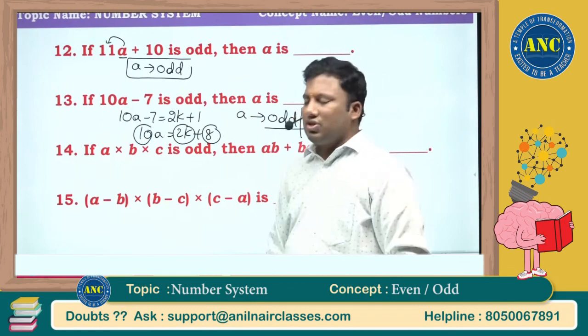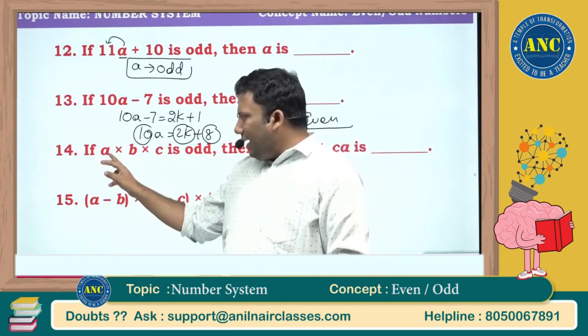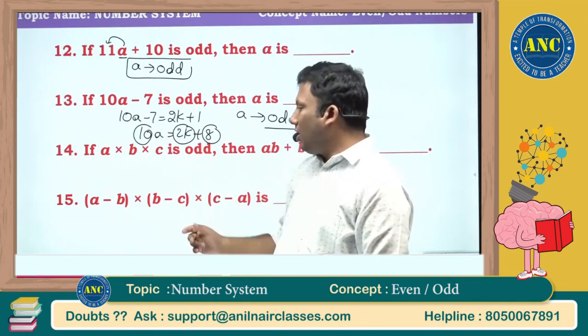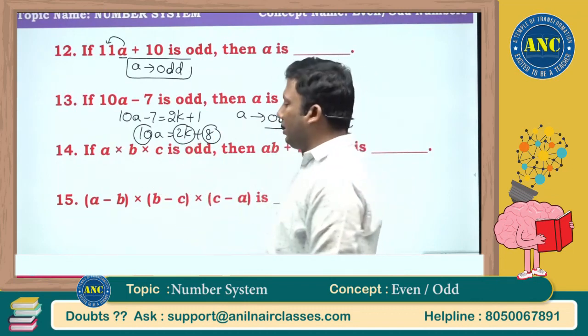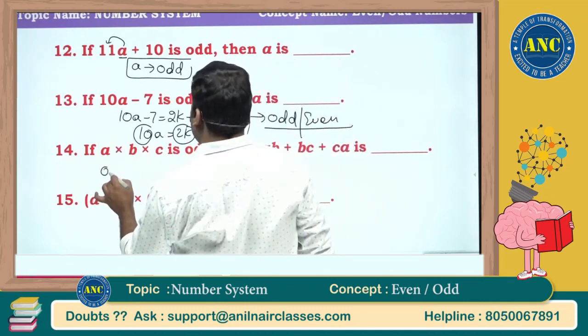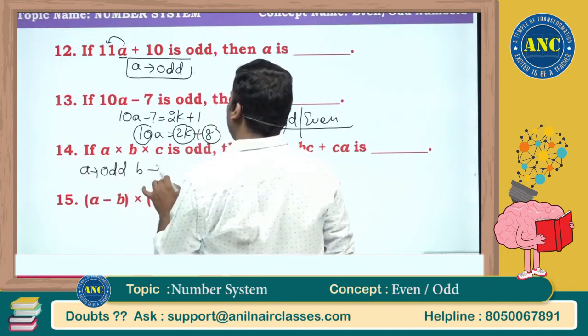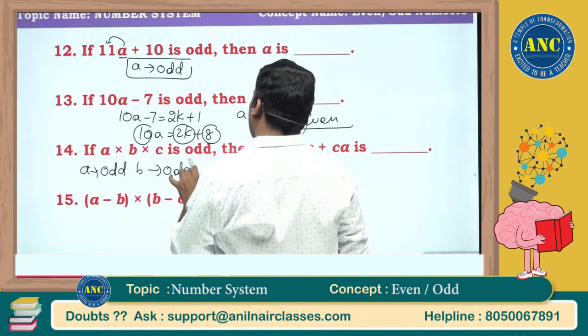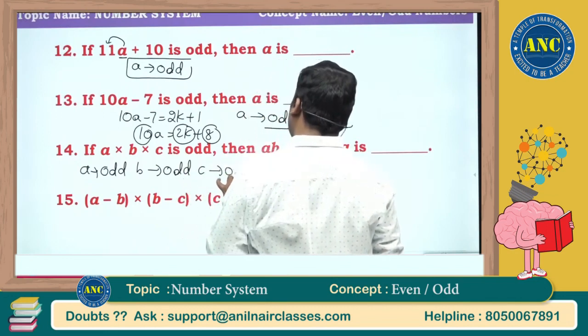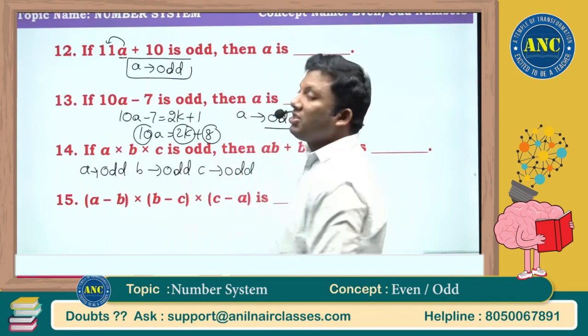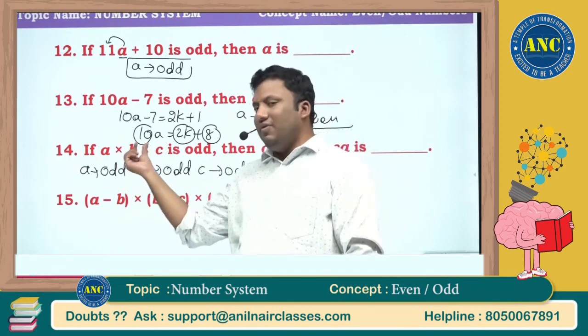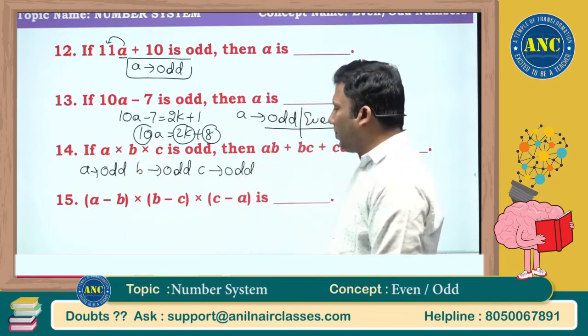Another beautiful question, sir. A into B into C is an odd number. All the product will be odd. That means A will be odd, B will be odd, and C will be odd, because if one numerical value is even, into any number it becomes even.